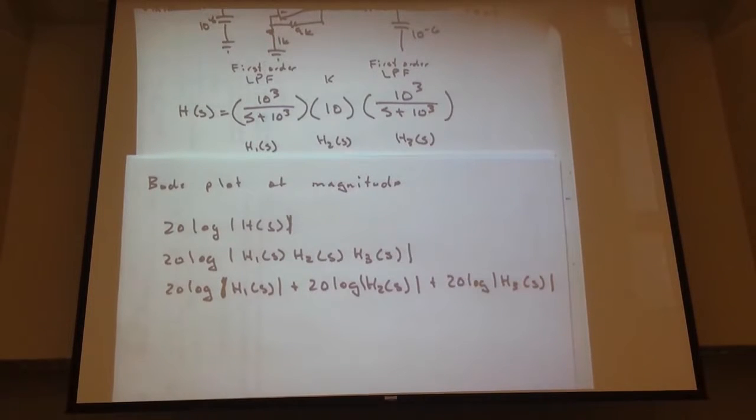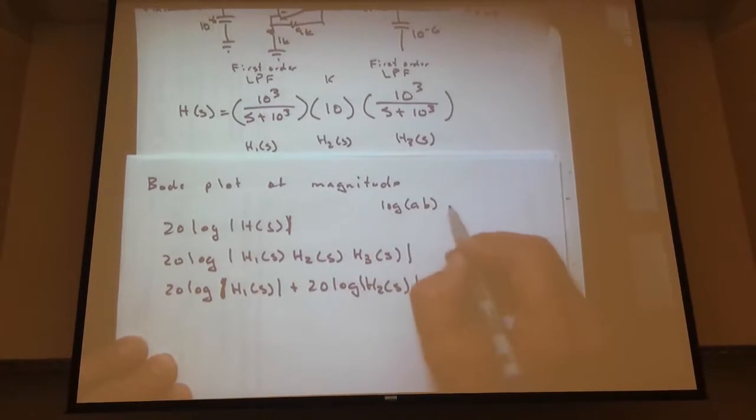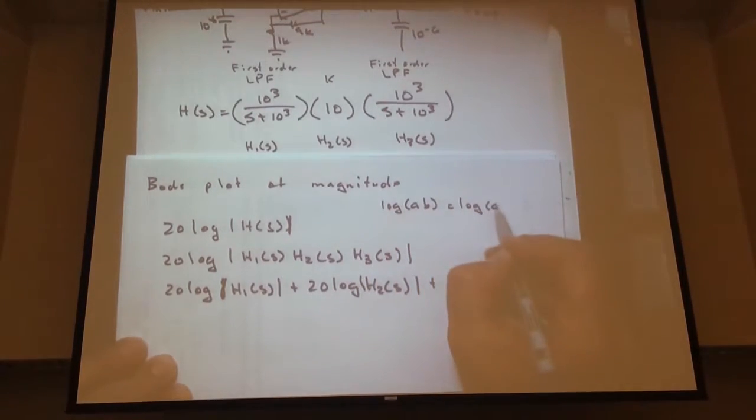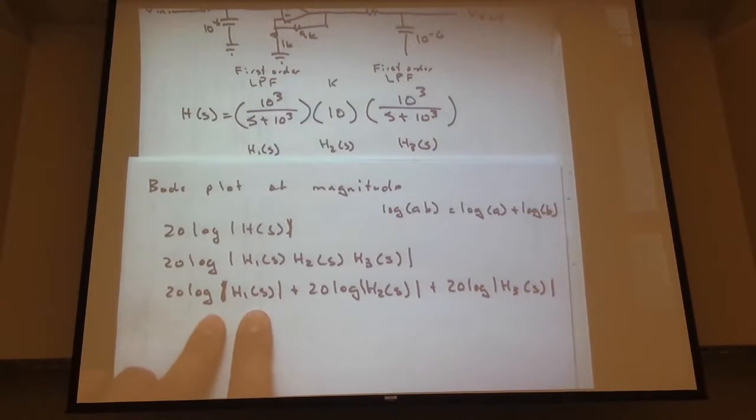That's the log property and taking advantage of the multiplication in the magnitude. So log of A times B is log of A plus log of B. That's an identity relationship. And you saw that at some point, maybe in high school or maybe in college. But that's a relationship. So looking at this, what are we saying here?